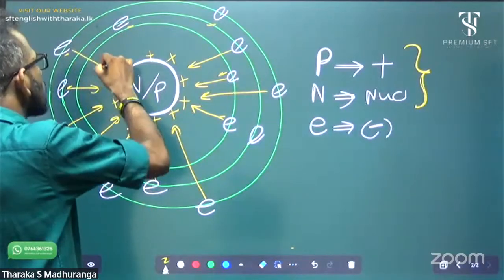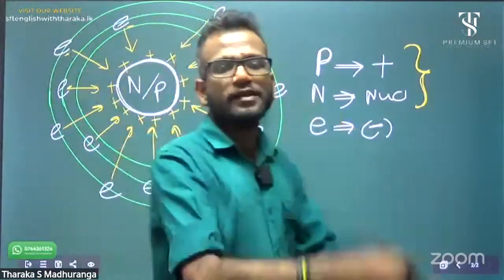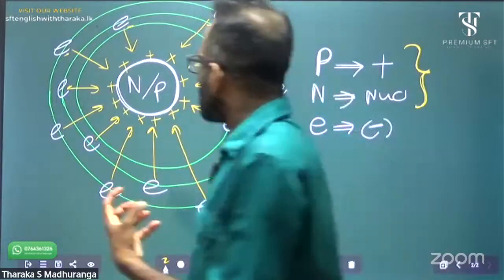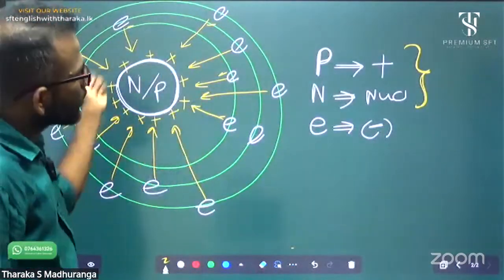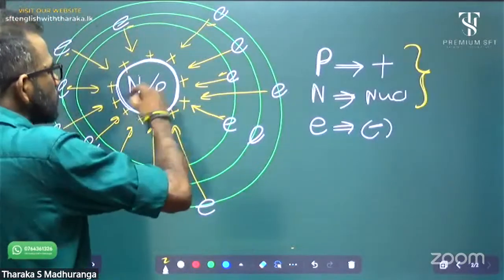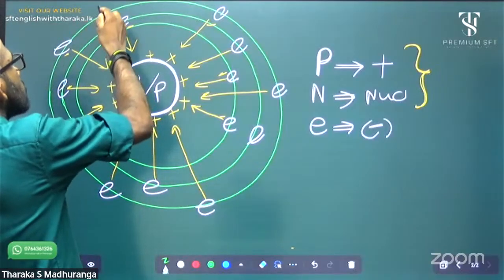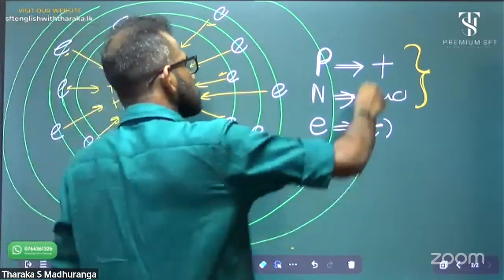Due to this charge difference, the electron has an attraction to this nucleus. But when we increase the energy level, think of the first energy level, second, third, fifth, sixth energy level.